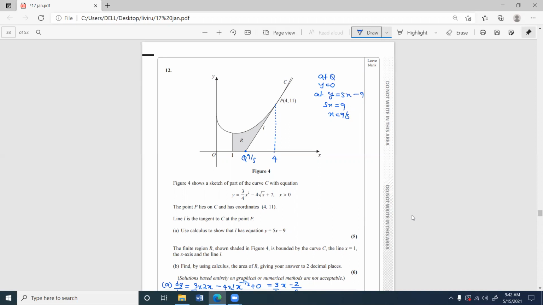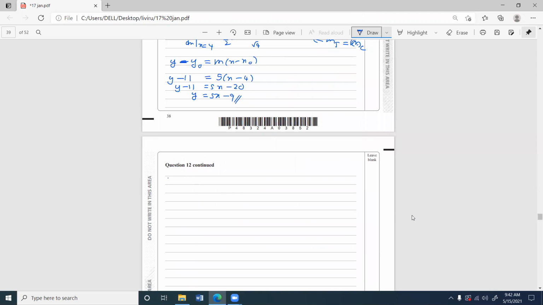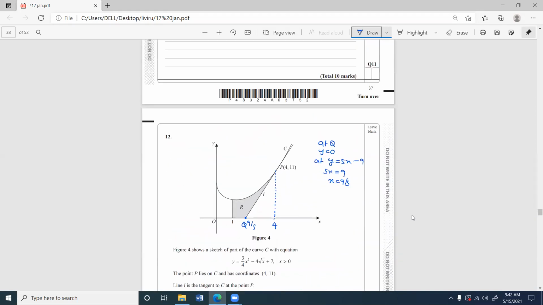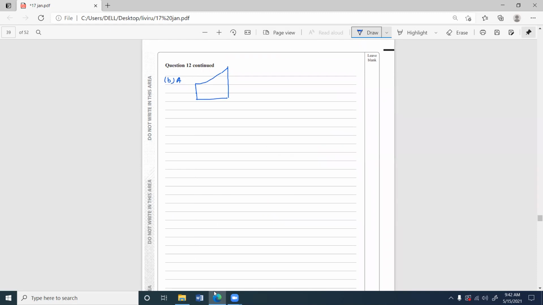Right. Then, if I need to find the area, it's like this. If you integrate this curve, you'll get the total area over here. That is what I'm referring to with this diagram. Minus, you can reduce this triangle area.